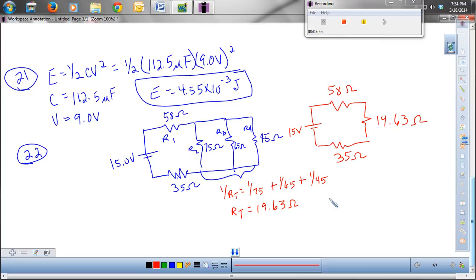So then I just added up 58 plus 19.63 plus 35. And that gave me the total RT as 112.63.